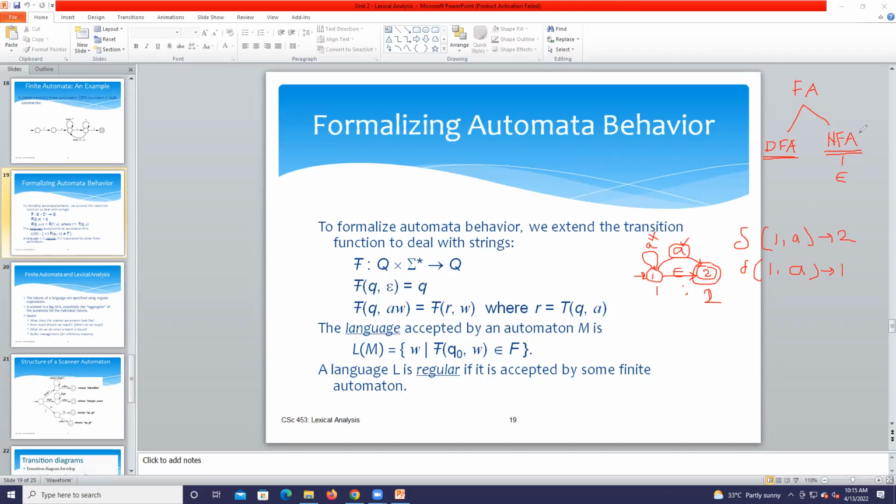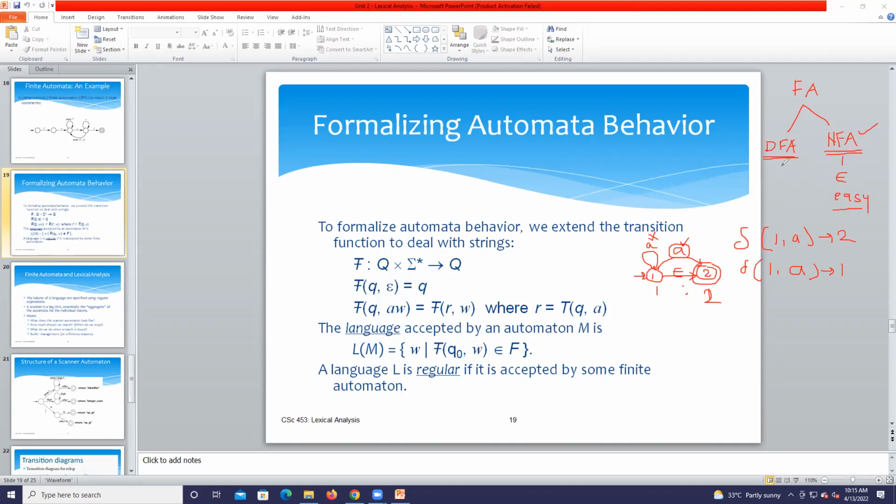So drawing an NFA is very easy, because null transitions are available and I can move from one state to another easily.